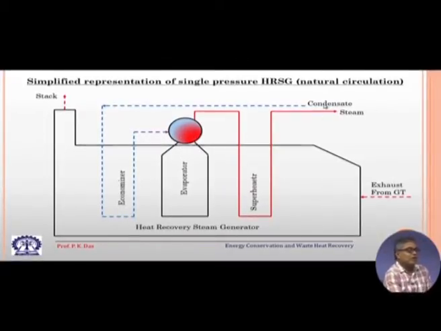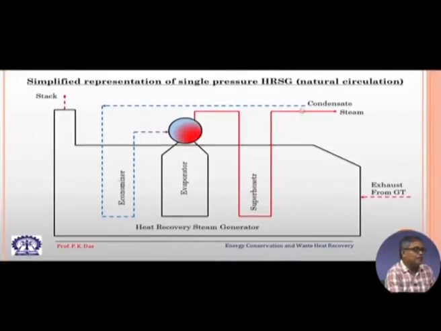The condensate at the lowest temperature should be at the farthest end of the heat recovery steam generator, because there the exhaust gas is at the lowest temperature.